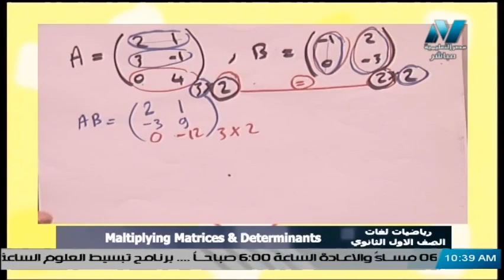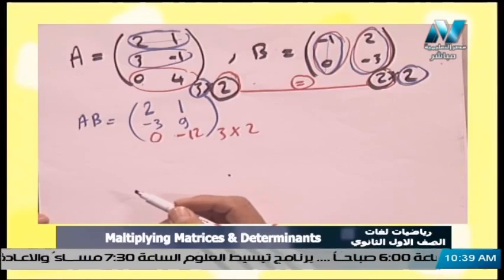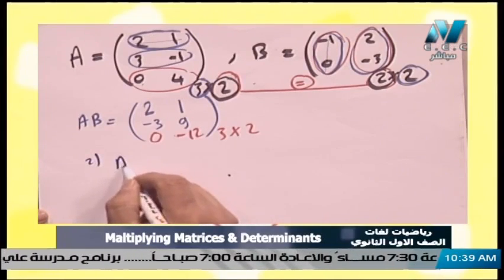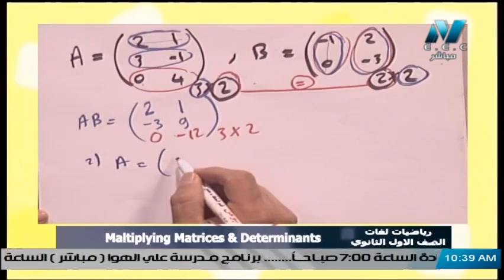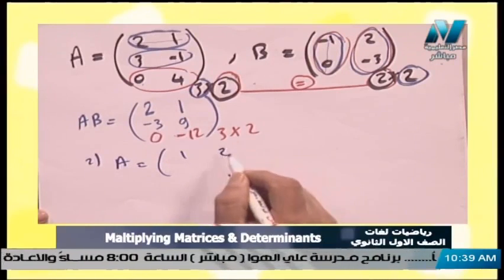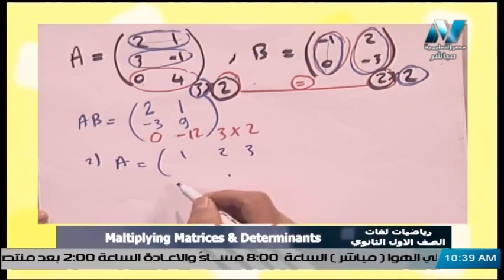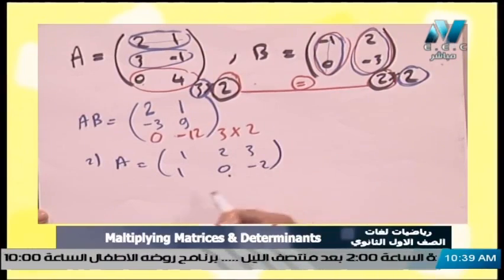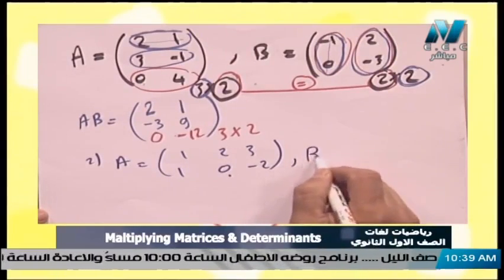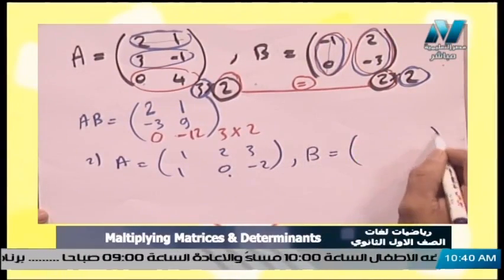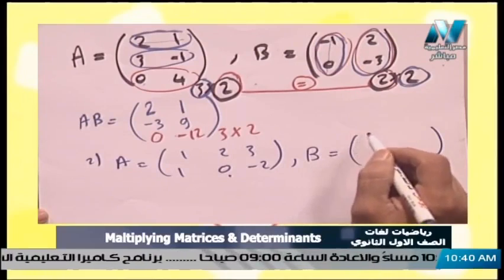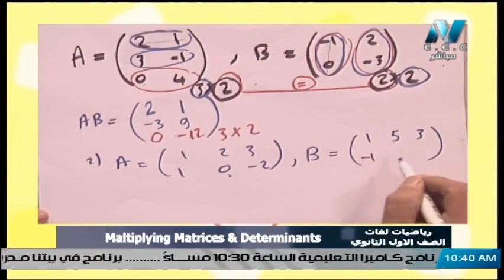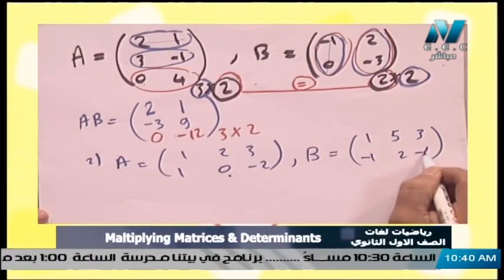If we have AB now, example number 2, where A equals 1, 2, 3, 1, 0, negative 2, and the matrix B will be 1, 5, 3, negative 1, 2, and negative 4.